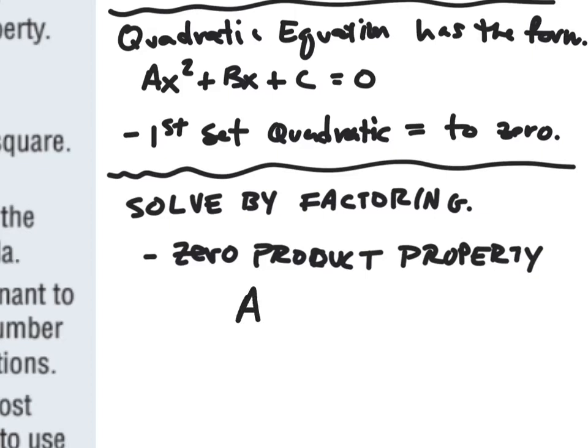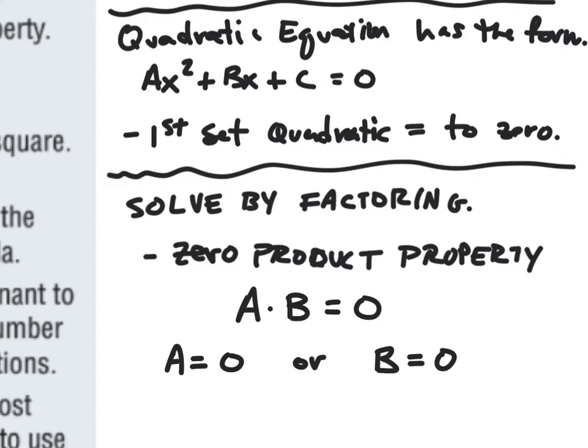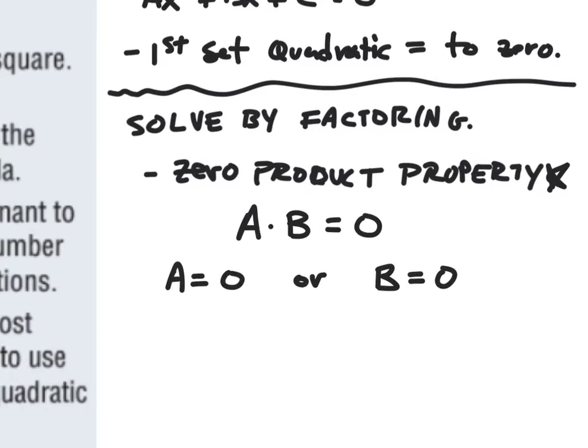If I take some value A times some value B, and we get a result of 0, okay? So if I take two things and multiply them and we get 0, then here's what I know. That A equals 0, or I know that B is equal to 0, okay? This is really, really important because this is what we're going to do when we solve by factoring, okay? So I want to talk about that real quick.